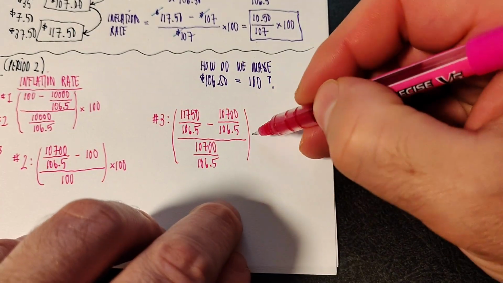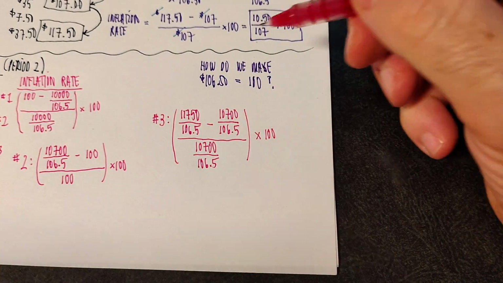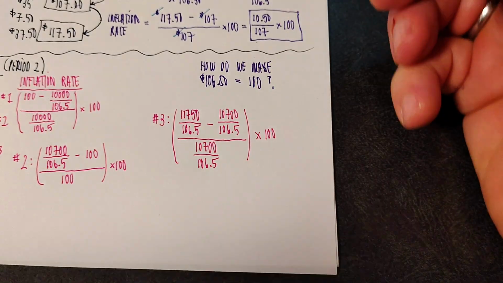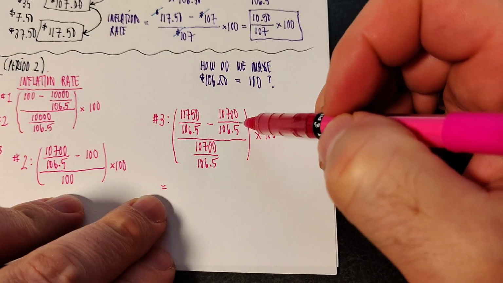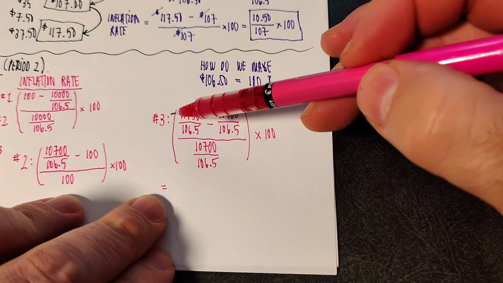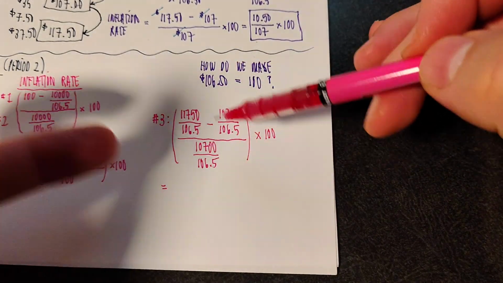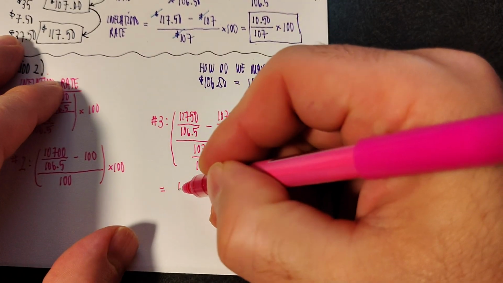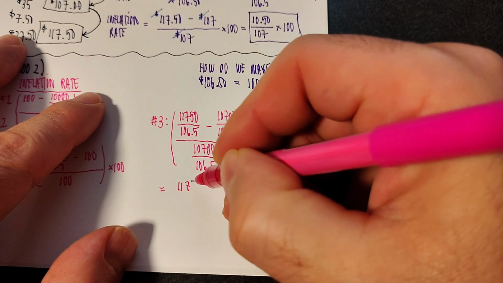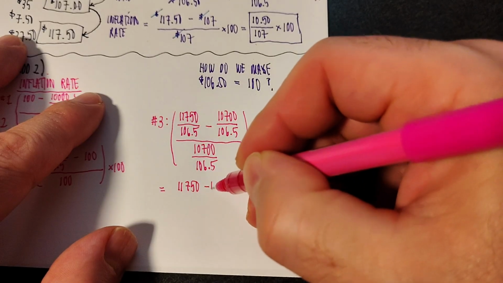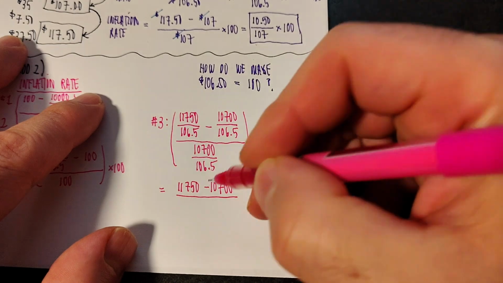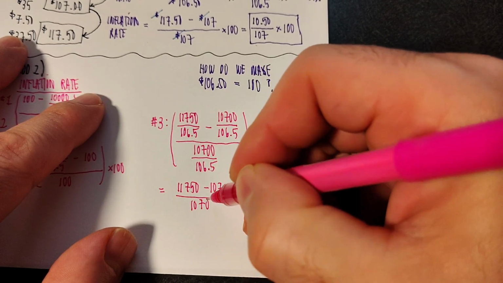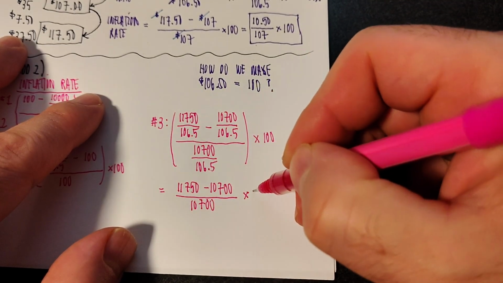And this one we could actually simplify, because everything is divided by 106.5. So we can multiply the top and the bottom by 106.5 and get rid of that. So this ends up being 11,750 minus 10,700 over 10,700 times 100.